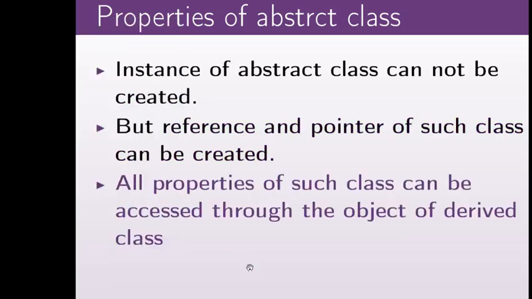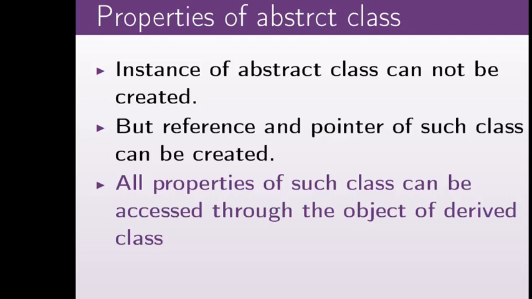Now we will see the third important property about abstract class. This property tells that all properties of such a class, meaning all properties of an abstract class, can be accessed through an object of a derived class.